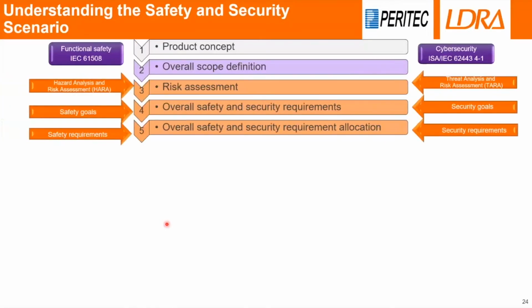Once the product concept is defined and the scope is available, we can start the safety and security activities. The safety activity includes performing a hazard analysis and risk assessment to ensure that all the operating conditions and operational scenarios are identified, and we are able to list out the risks and prioritize which risk is more problematic.